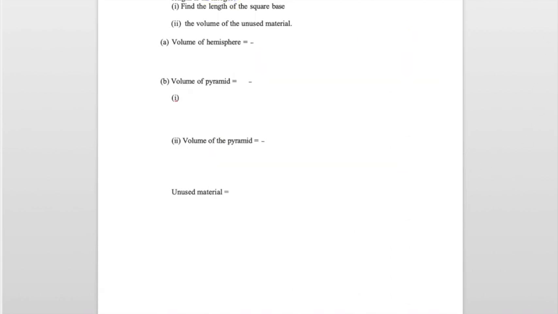Right, now let us move on to this sum. This is on trigo. So in trigo, we are basically looking out for right angled triangles. And if we want to find the length, let's say the length of AB, whenever we want to find a length, we must have one side and one angle known in a right angle triangle, which is this triangle here.